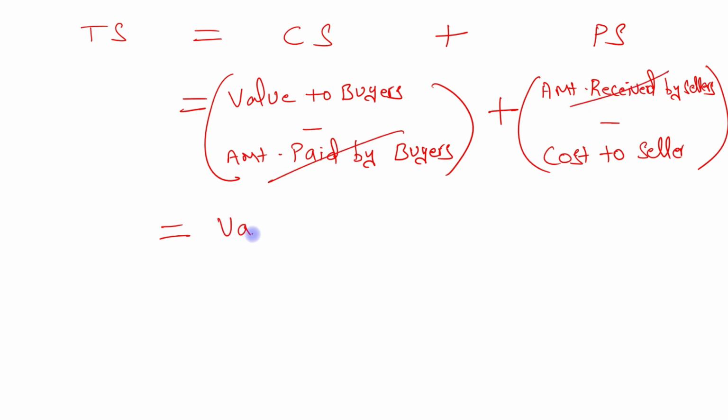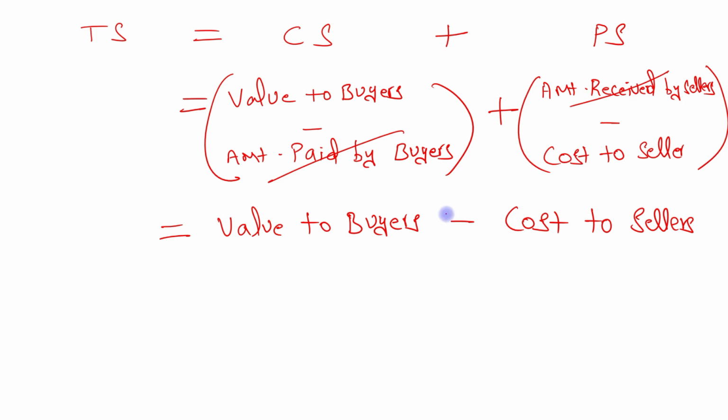बचेगा क्या यहाँ पर? What will be left? Value to buyers minus cost to sellers. Okay, value to buyer minus cost to seller, this is the total surplus.